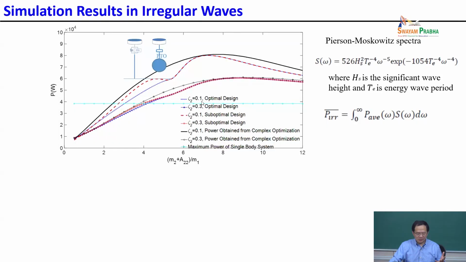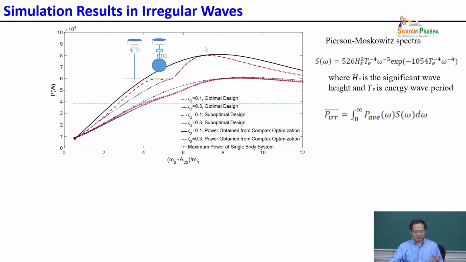Another case is you optimize for one-frequency regular wave, but you apply this parameter you optimized to the overall system. So in this line you get a sense of the true optimal and also the optimal for the single frequency case.